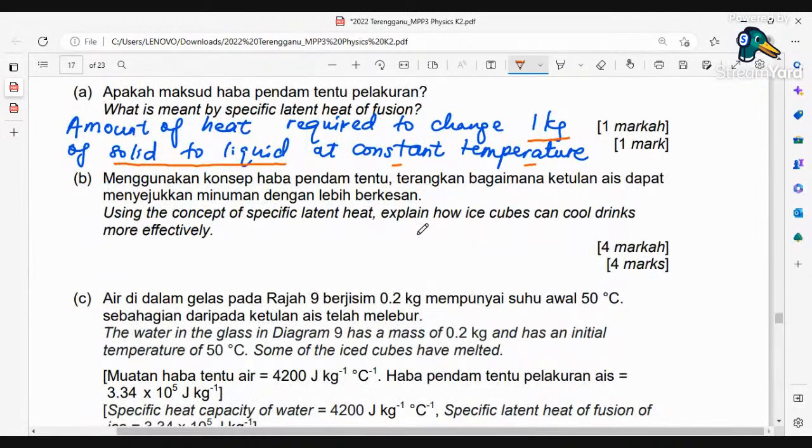B, using the concept of specific latent heat, explain how ice cubes can cool drinks more effectively.